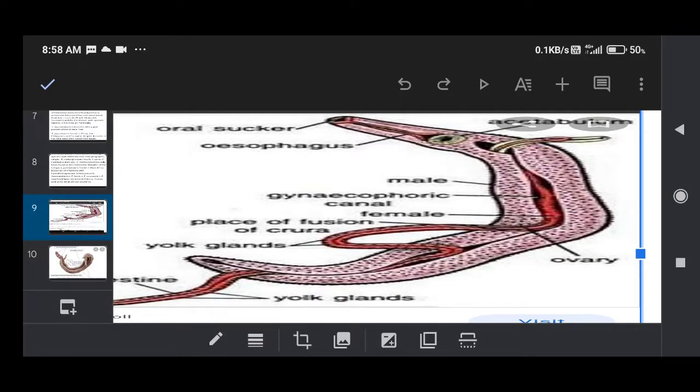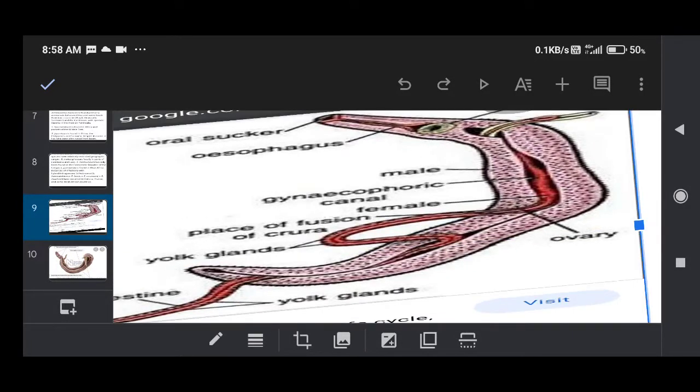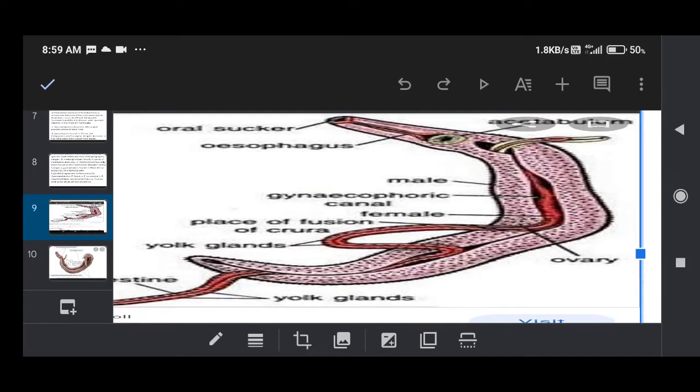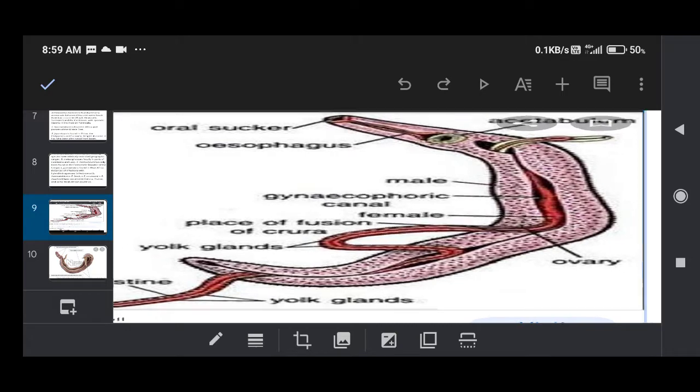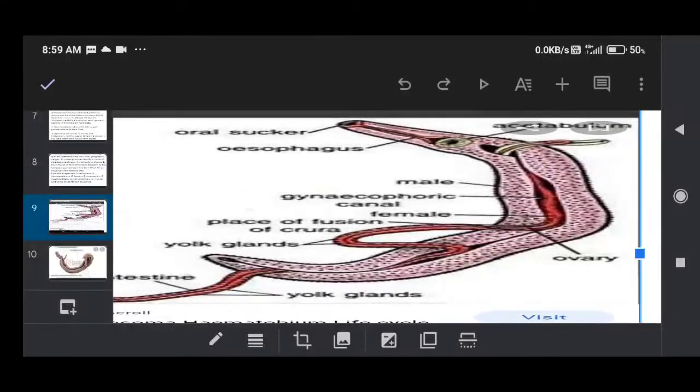The male has a number of spinule-like structures on its surface, and the female is very thin and long. So this is about structure.